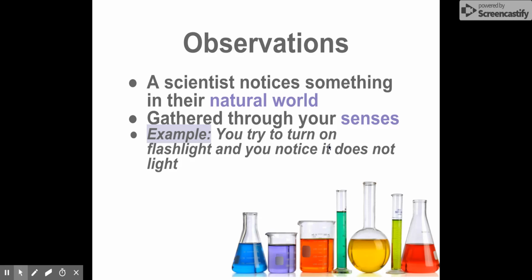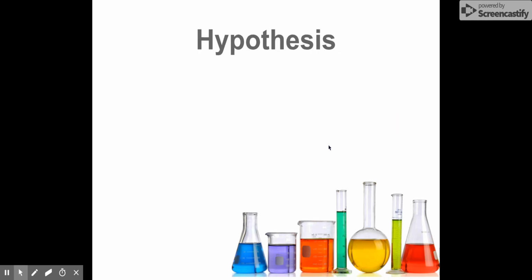All of these are ways that you're able to notice something in our world. An example that they give is you try to turn on a flashlight, but you notice it does not work. The light's not coming on. So that's an observation. You notice that the light does not come on through your sense of sight. So let's keep going.